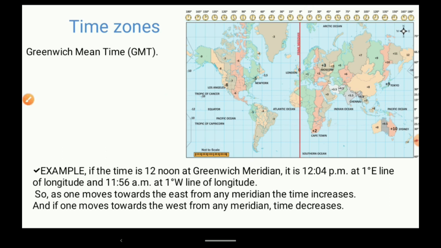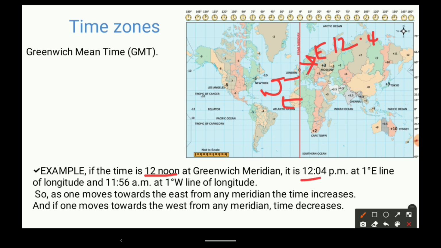For example, imagine you are in London and the time there is 12 noon. You have two friends. One of your friends is 1 degree east from you and the other is 1 degree west from you. Ask your friend 1 degree on your eastern side, the time there will be 12:04 p.m., that is 4 minutes ahead of you.